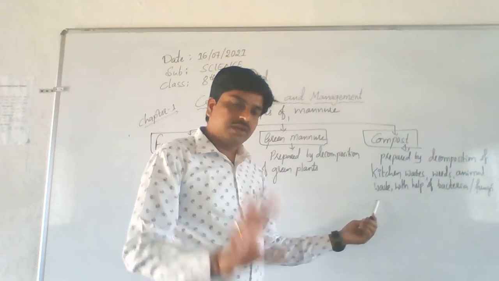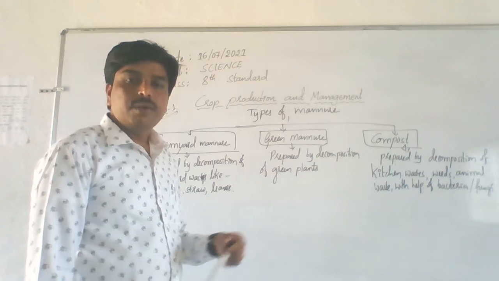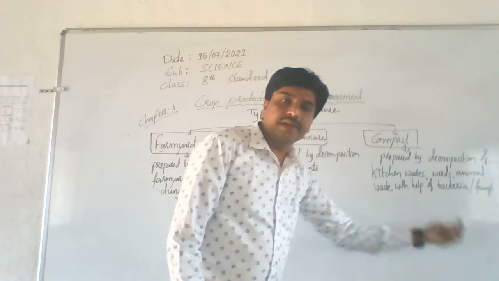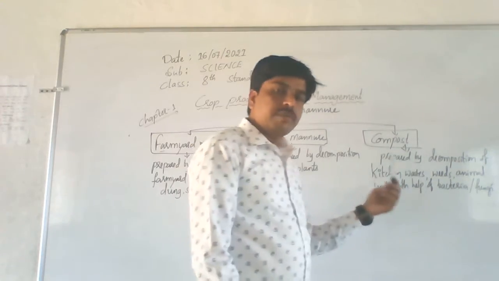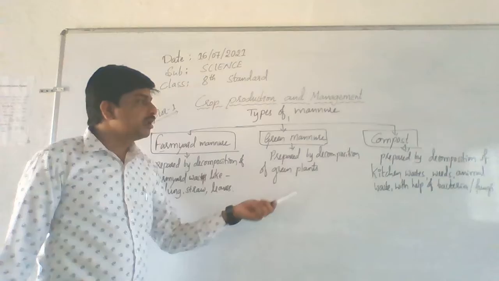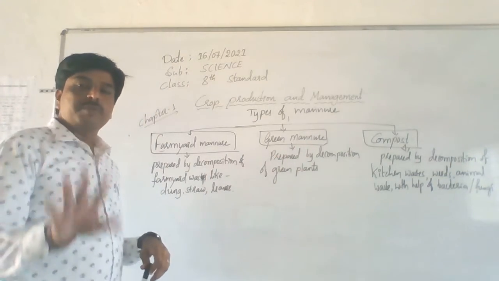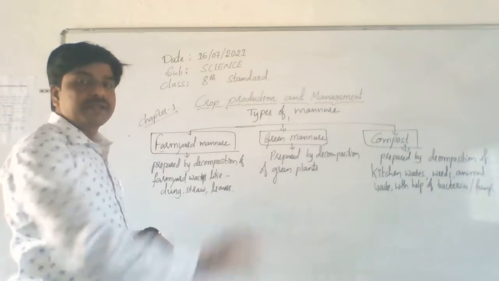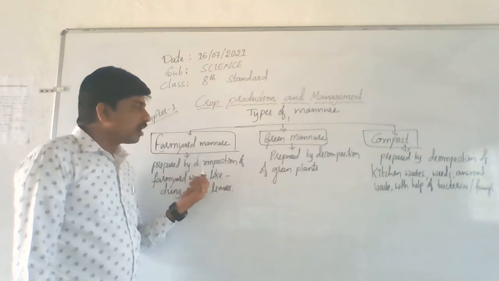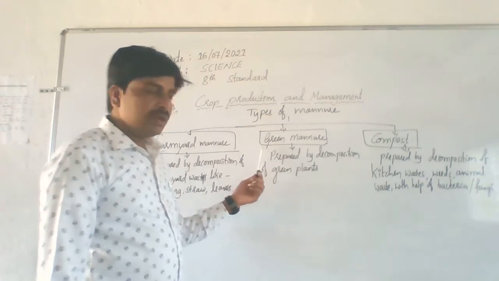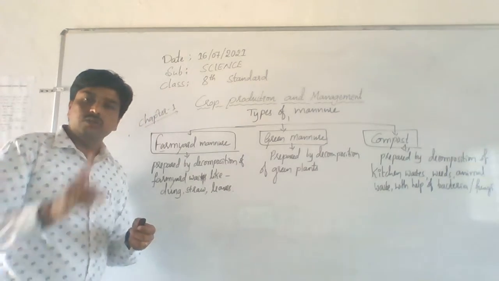animal waste, with the help of bacteria or fungi. Understand? So totally these are the three main types of manures: farmyard manure, green manure, compost. In all these three types, manure is prepared by the decomposition of these matters. Hence all these three types of manures contain humus.